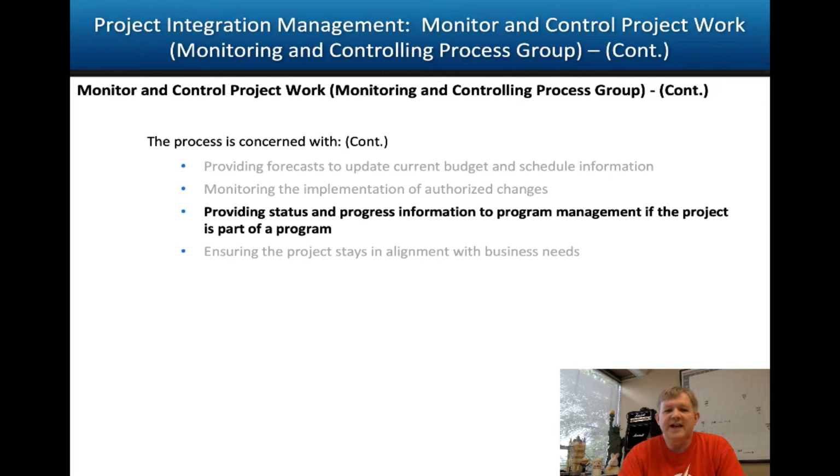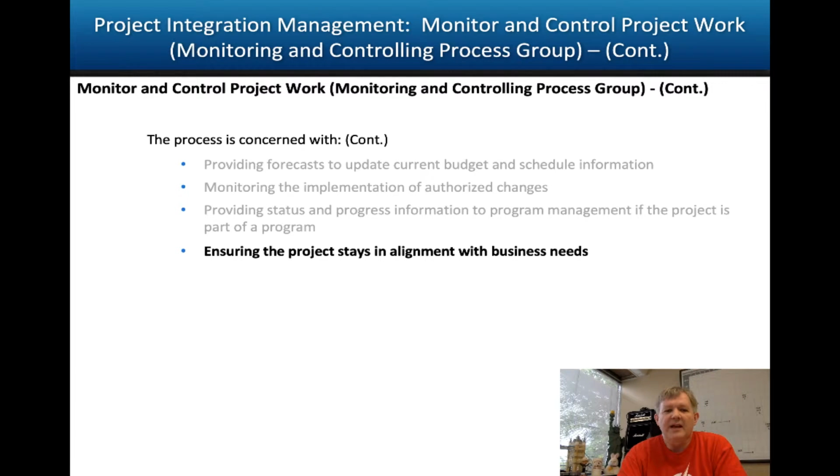We can provide status and progress information to program management if the project is part of a program. We could also do this at the portfolio or enterprise level, depending upon what is going on in the environment. And then we can ensure the project stays in alignment with business needs.